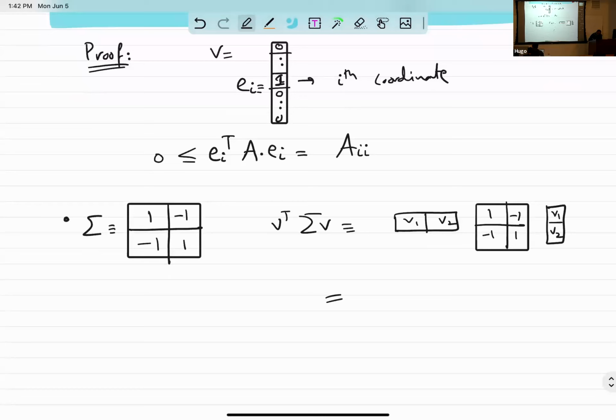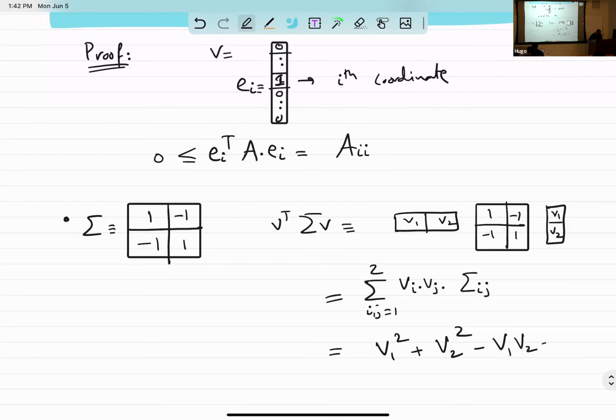I get the summation over i, j equals 1 to 2 of v_i v_j times sigma_ij, which is v1 squared plus v2 squared when i equals j, and then the cross terms are minus v1 v2 minus v2 v1.